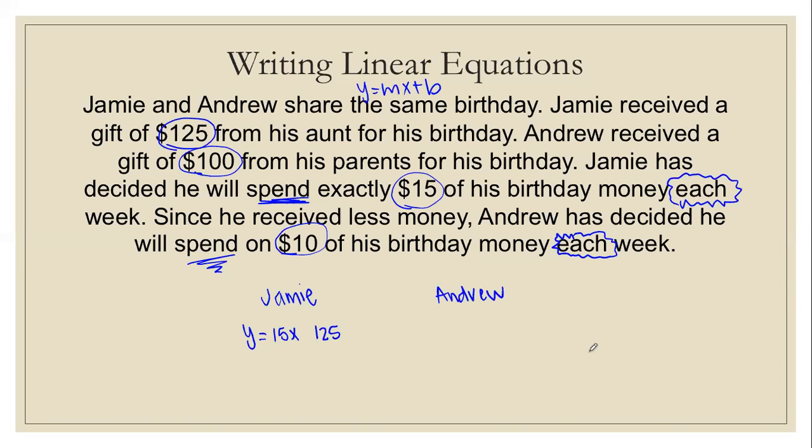But if I received $125, I started with a positive amount of money. But hold on. He spent $15 each week. So the 15 would be negative because he's taking away $15 from the amount he had each week. Perfect, that's the same thing. So 125 minus 15x is the same thing, just the two numbers are reversed.